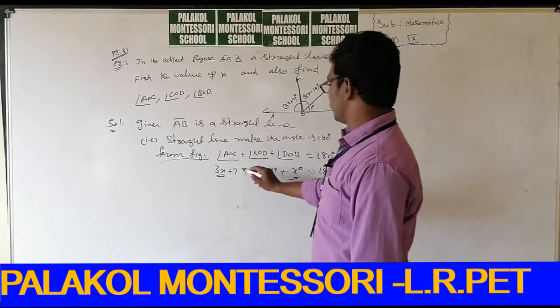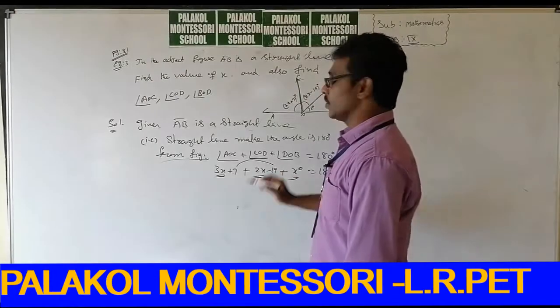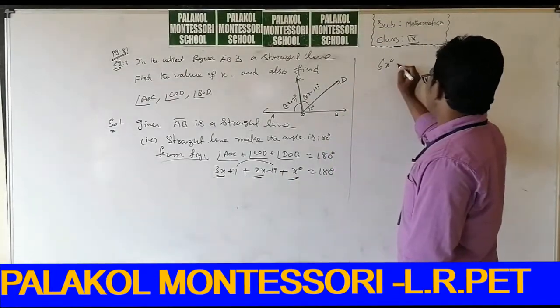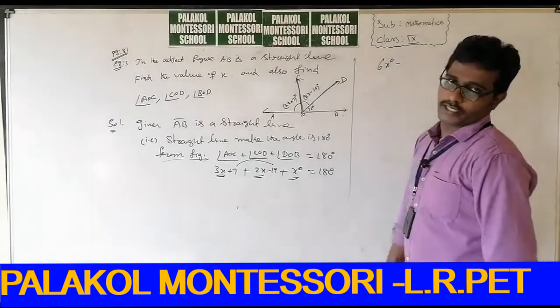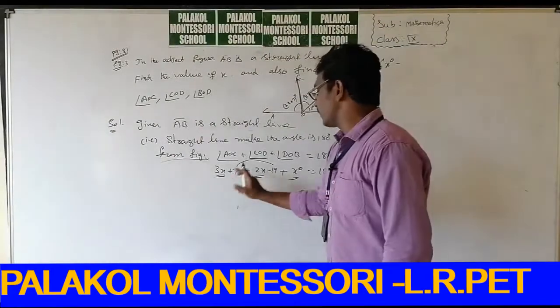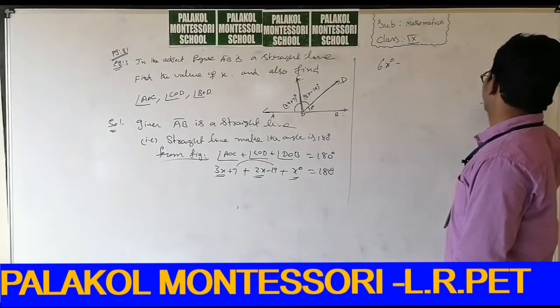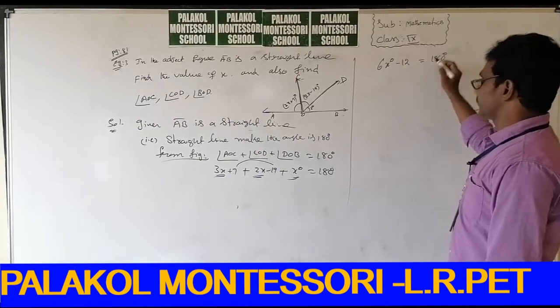Now see, these numbers should be added. This is a positive sign, this is a negative sign. Which one is the greatest number of these two? 19. What is the sign? Negative sign. 19 minus 7 is 12, so minus 12 equal to 180.